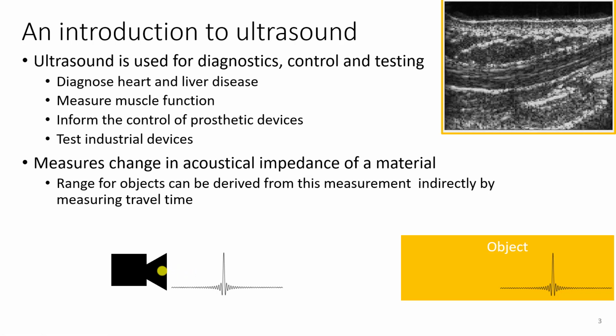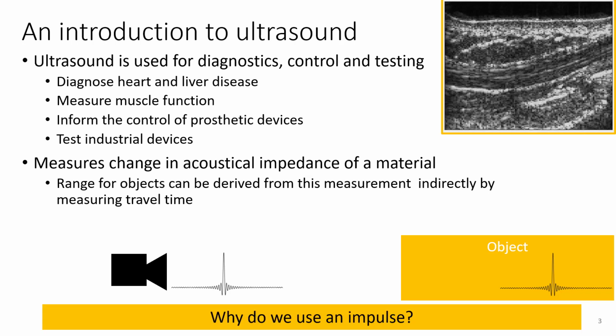So this allows us to compute the distance to the second object based on the timing of when the transducer receives the pulses. Now, I've described the process using pulses, but why is it that we normally choose an impulse for these applications?